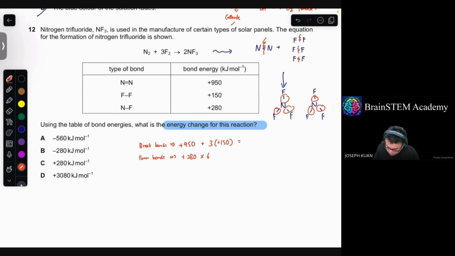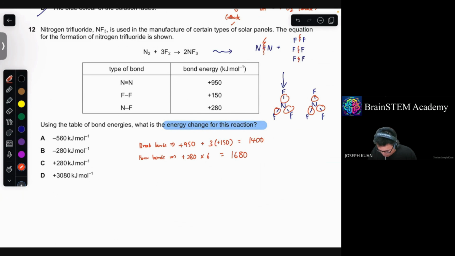Okay, so you can punch these numbers in your calculator and then find out how much is the energy required to break the bonds and also to form the bonds. I got 1400 for breaking the bonds, and also for the bond formation, it will be 1680.